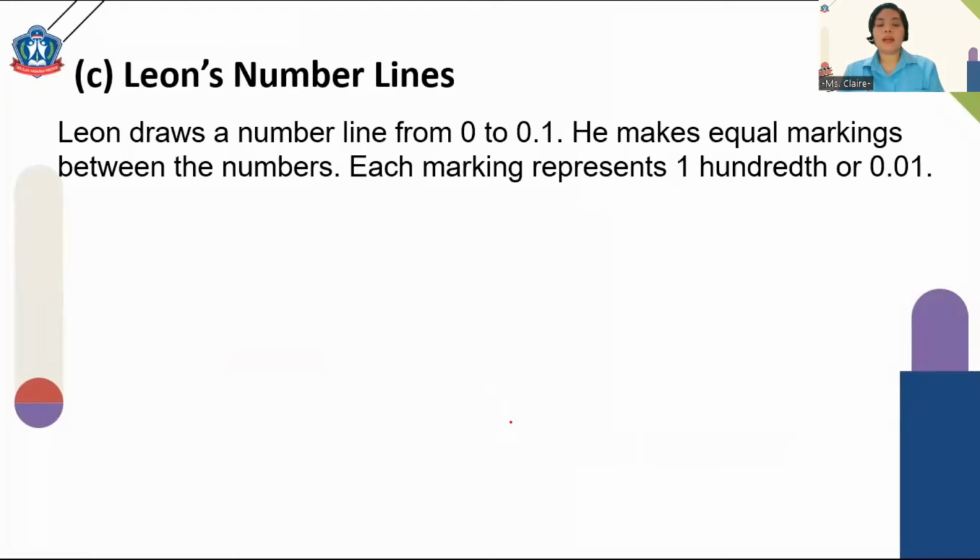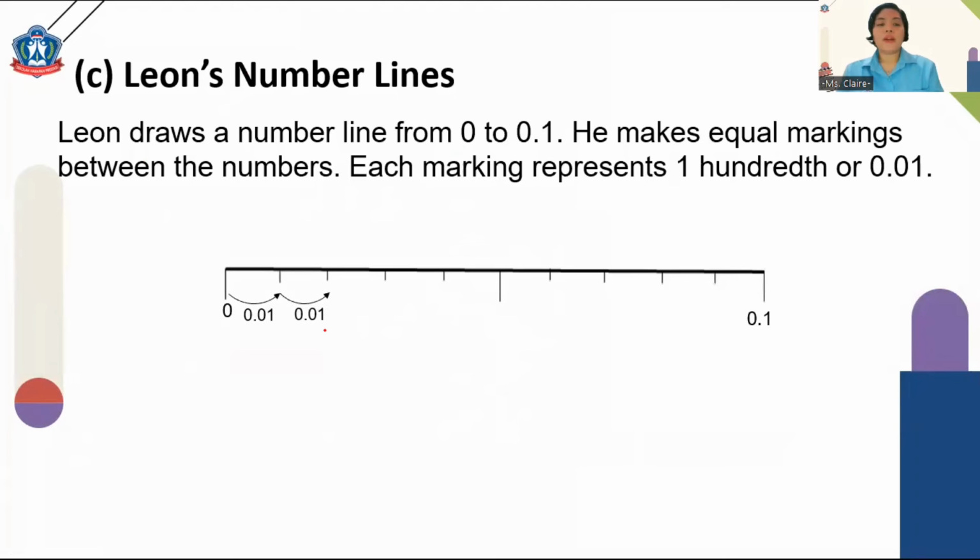Okay. Now let's have Leon's number lines. Leon draws a number line from 0 to 0.1. He makes equal markings between the numbers. Each marking represents 1 hundredth or 0.01. Take a look. From 0 to 0.01, there are 10 small markings. Every marking here means 1 hundredth, because this is 1/10.